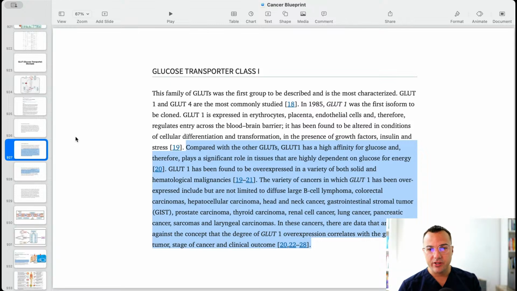In these cancers, there are data that are for and against the concept that the degree of GLUT1 overexpression correlates with the grade of the tumor, stage of the cancer, and clinical outcome. So that's interesting.